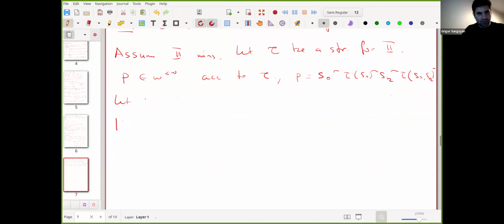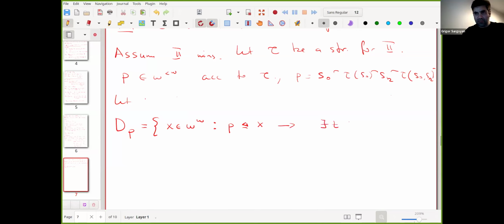D_P is the set of x in omega^omega such that if x extends P, then I can find an initial segment of x.